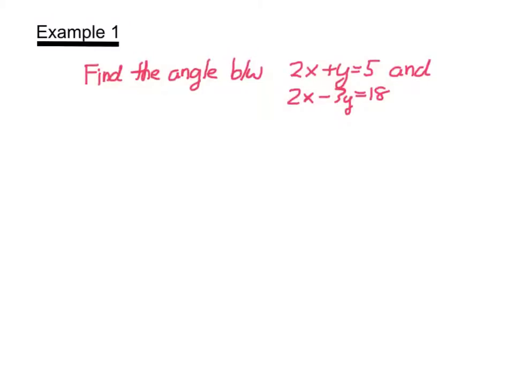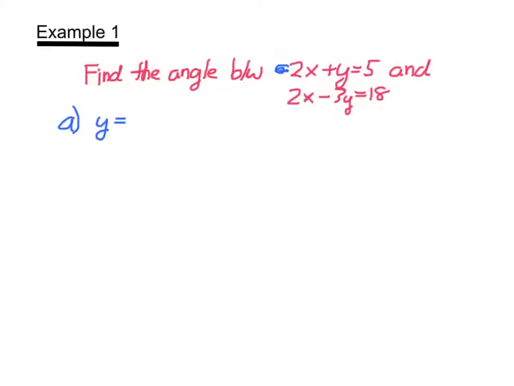In this example problem, we're asked to find the angle between two lines with these equations. So the first thing that we need to do is find the slope of each of these equations. We'll call this equation A, and we're going to rearrange the first equation here to get it in the form y equals mx plus b.